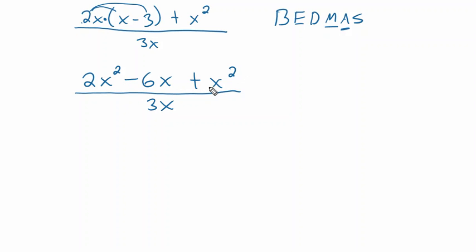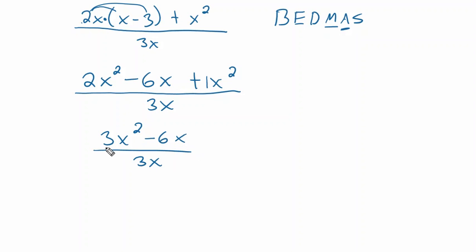So 2x squared and x squared, which is really 1x squared, so we'll treat that like a 1. Either way, we've got 2x squared plus 1x squared. That's going to be 3x squared. And then we still have the negative 6, or minus 6x, left over. And then that's all over 3x. All right, this is looking better.